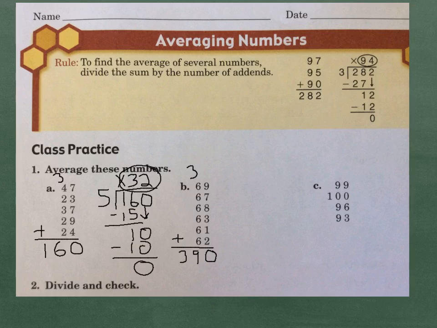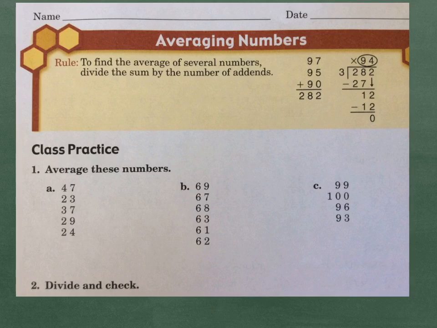So now we take our 390 and we divide it by 6. Since there are 6 numbers, we're going to divide this by 6. 6 does not go into 3, but it does go into 39 6 times. 6 times 6 is 36.